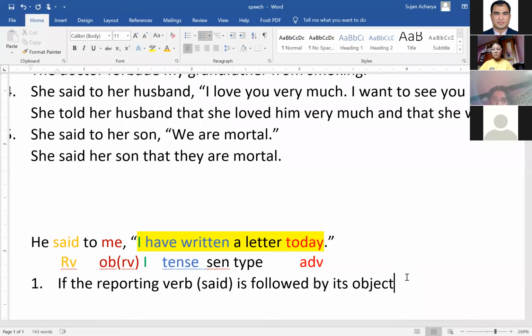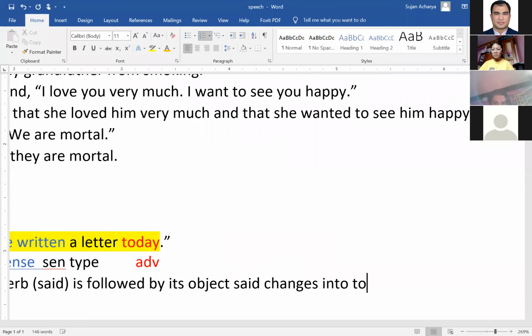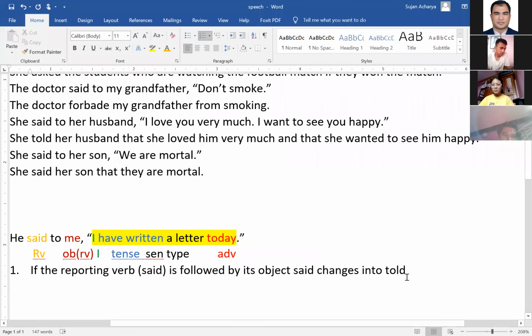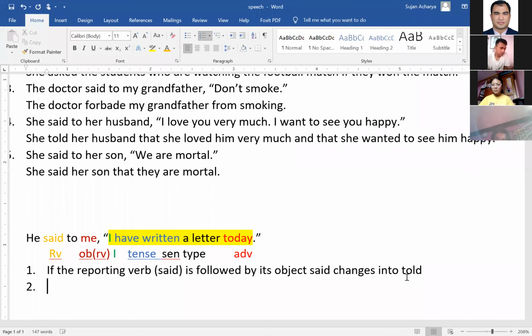If the reporting verb is followed by its object, said changes into told. The reporting verb said changes into told. Example, like in the sentence above, he said to me, I have written a letter today. He told me, please pay attention and copy all the examples, okay?